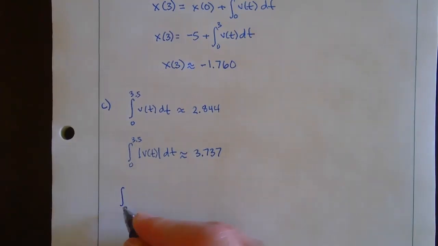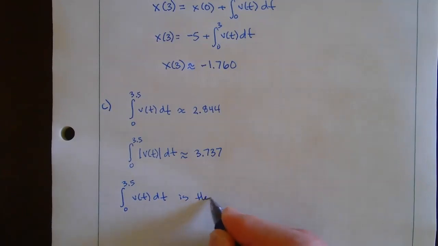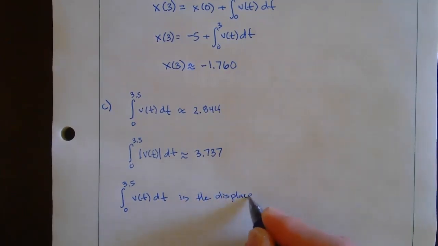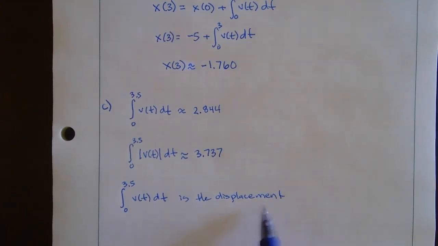So the integral from 0 to 3.5 of v of t dt is the displacement. Now, instead of saying displacement, you could also say change in position, okay?